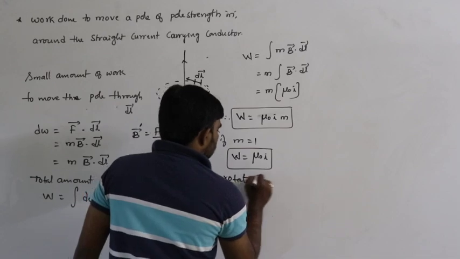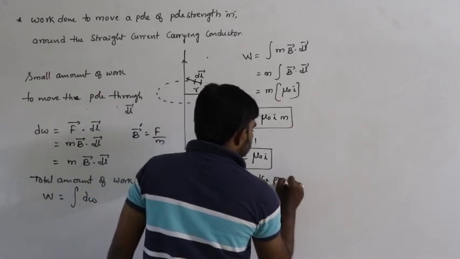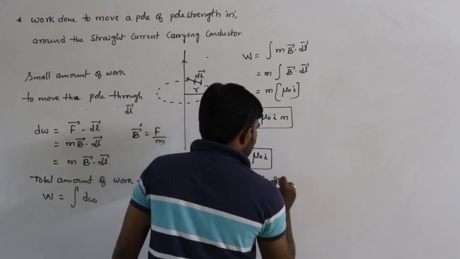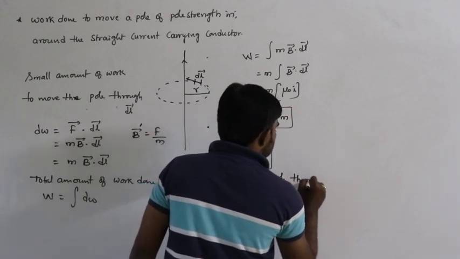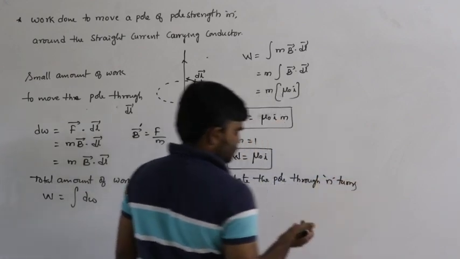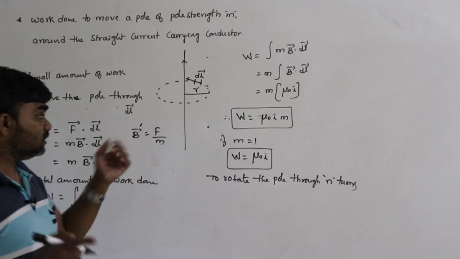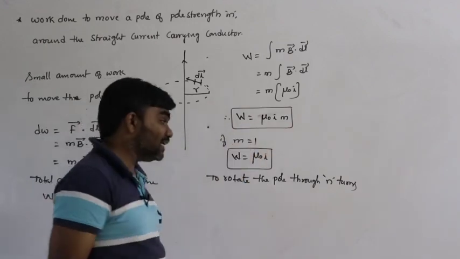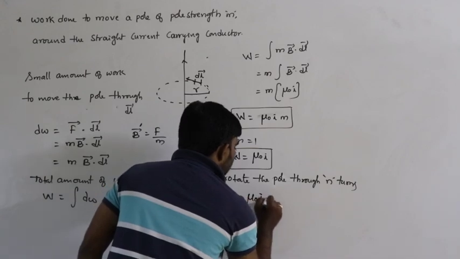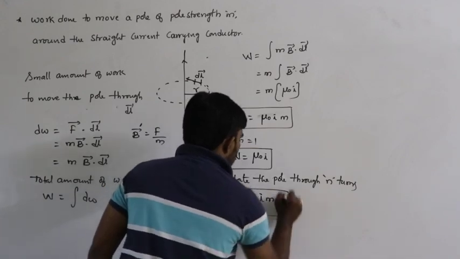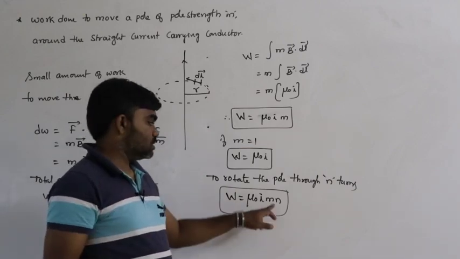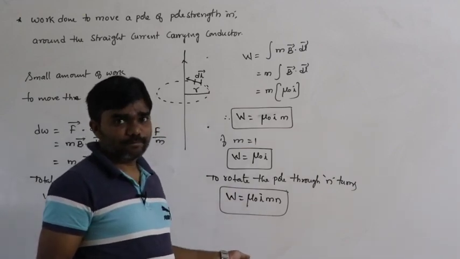So now, to rotate the pole through n turns, for 1 turn, that is mu naught I m. For n turns, W is equal to mu naught I m n, where n is the number of rotations, number of revolutions, and m is the pole strength.